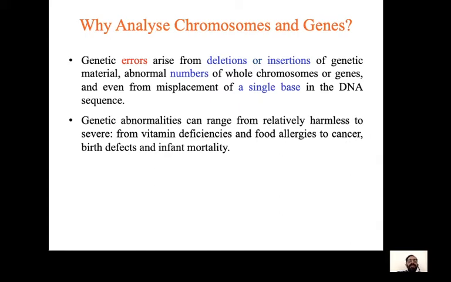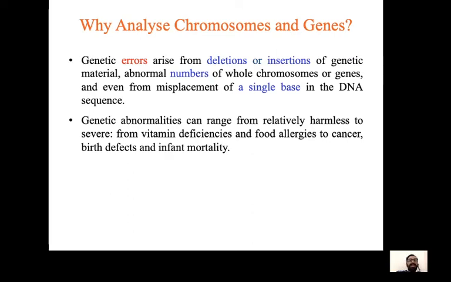And these genetic abnormalities can range from harmless, if they are not in the coding region or in a position where they cannot alter the amino acid profile of the protein, to very severe, like vitamin deficiencies, food allergies, cancer.